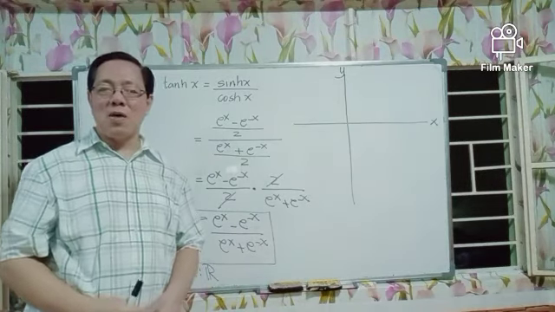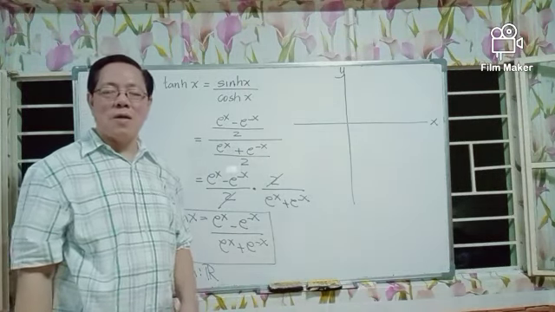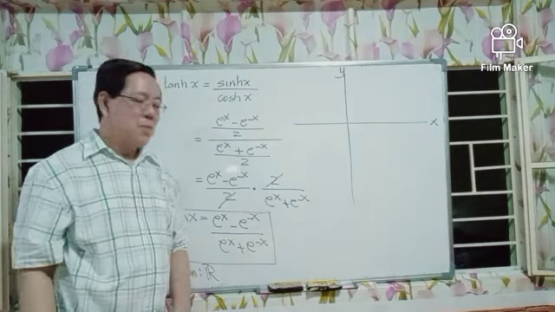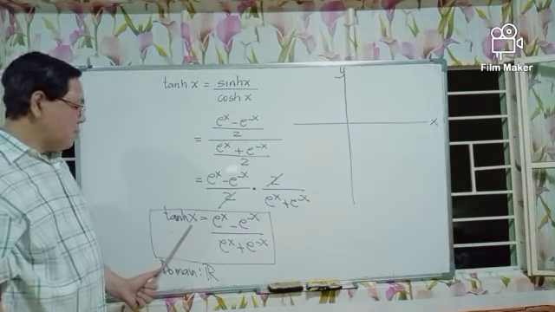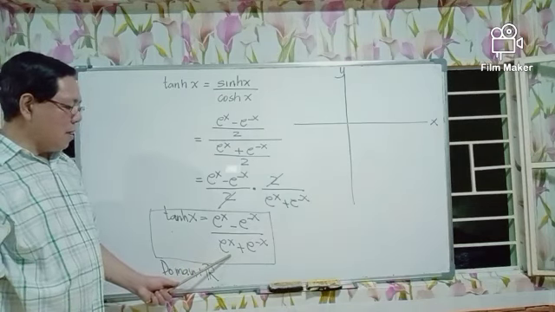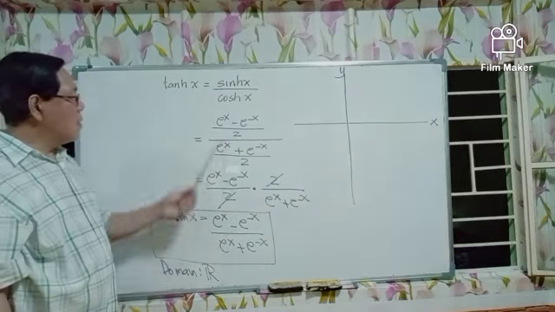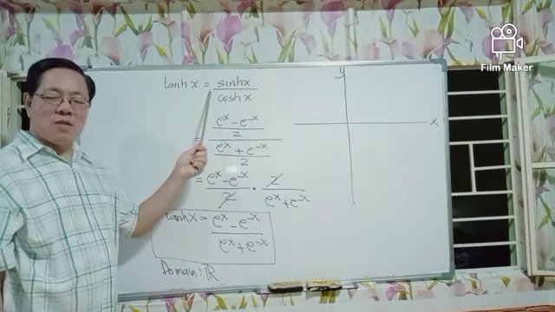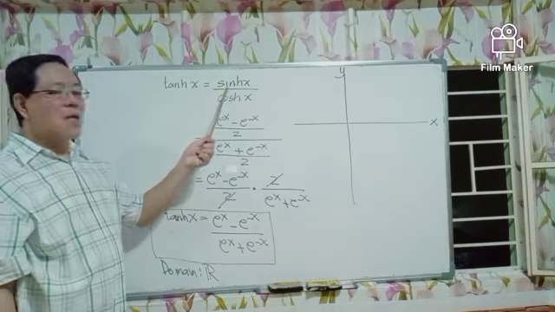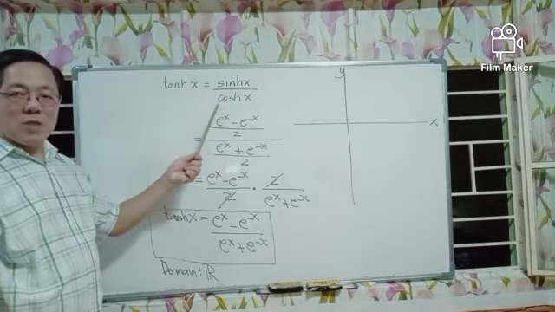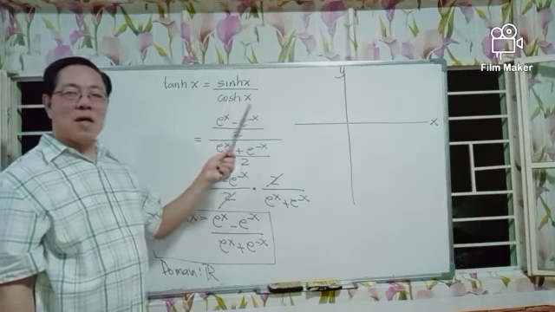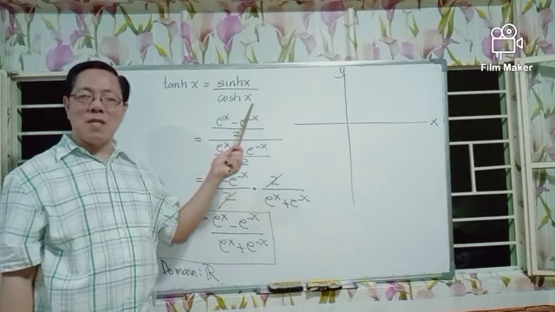As with the hyperbolic cosine and hyperbolic sine of x, we assign an initial value to x, which is 0. When x is 0, we find the value of hyperbolic tangent of x using this ratio. The hyperbolic tangent of 0 is equal to hyperbolic sine of 0 all over, which we have calculated earlier, over hyperbolic cosine of 0, which we have also calculated earlier.